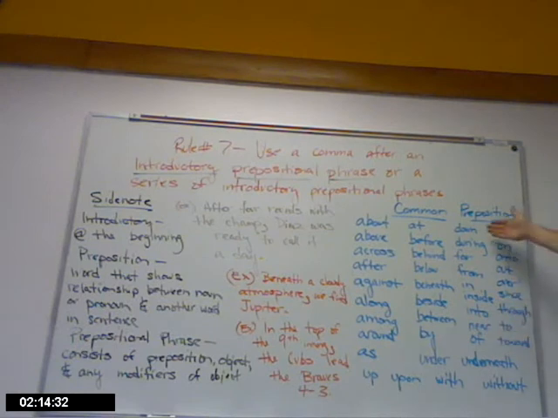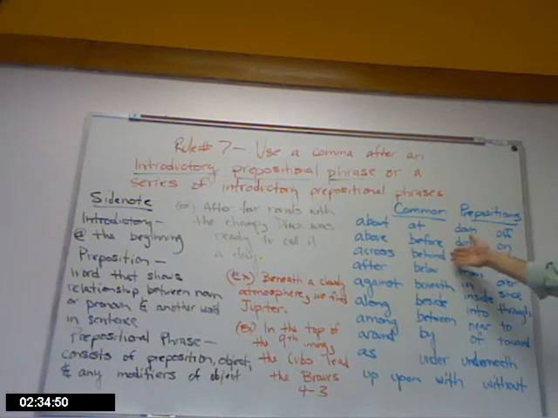By, under, down, during, for, from, in, inside, into, near, of. For and of and from are very common prepositions. They don't show much relationship, but make sure you understand that it's not necessarily a word that is going to be as descriptive as behind or below.